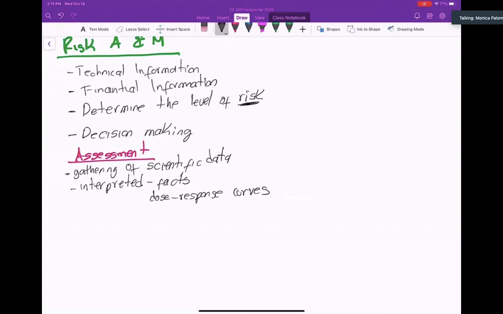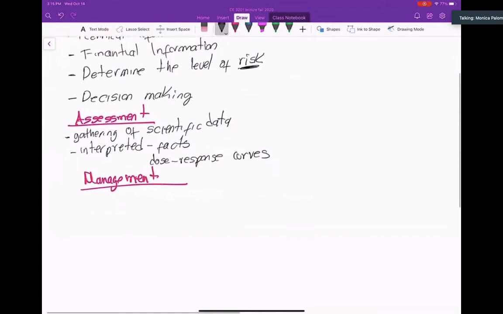Now, what is risk management? Management is going to be more about decision making, what to do. Why? Well, because it's uncertain.